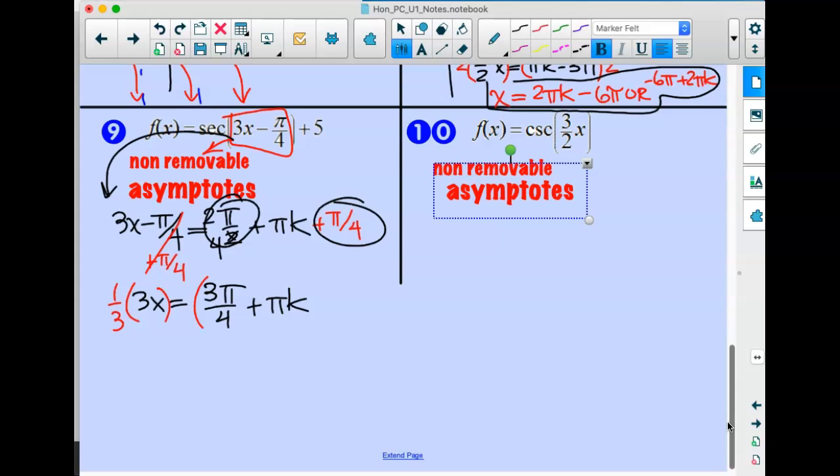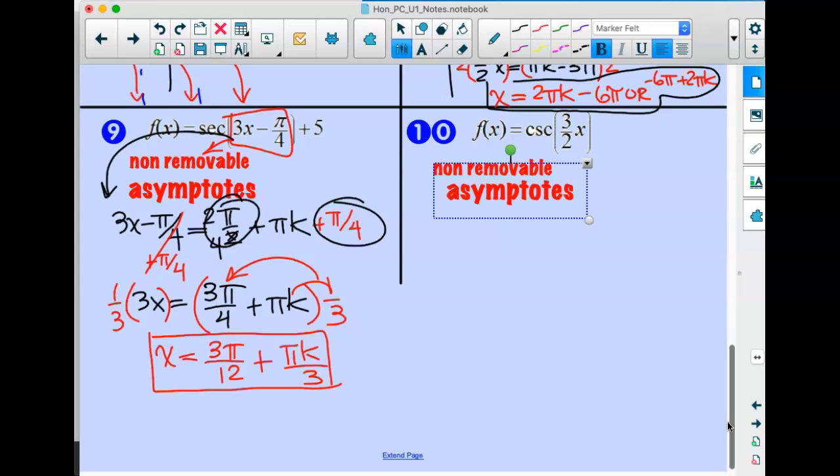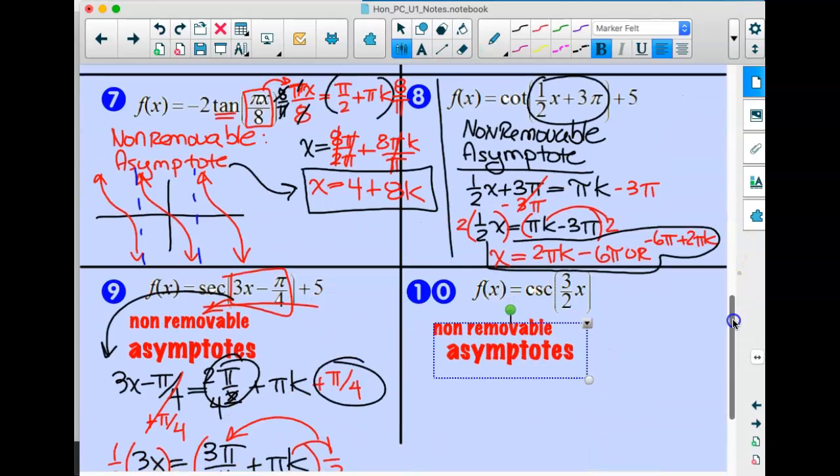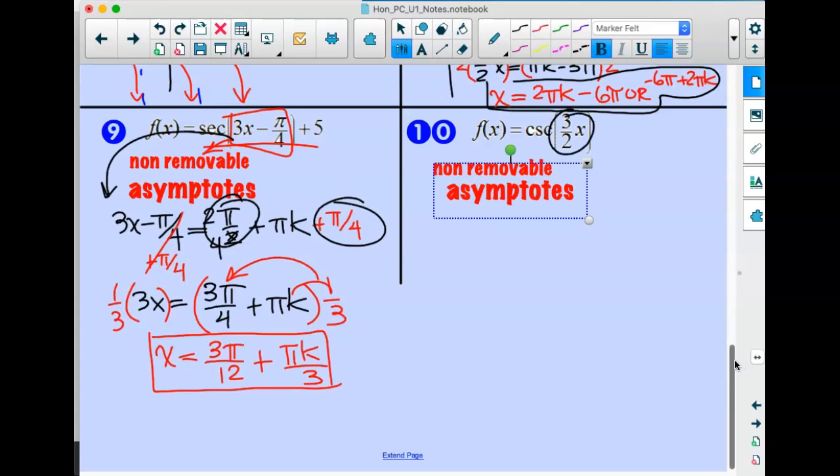And then let's divide everything by 3 or multiply by 1/3. And you get x is equal to 3 pi over 12 plus pi k over 3. And then we can reduce our fraction here. So 3 over 12 ends up being just 1/4, okay? So we'll clean that up, and it would be just pi over 4 plus pi k over 3. So that last one, number 9, I got to fix that.